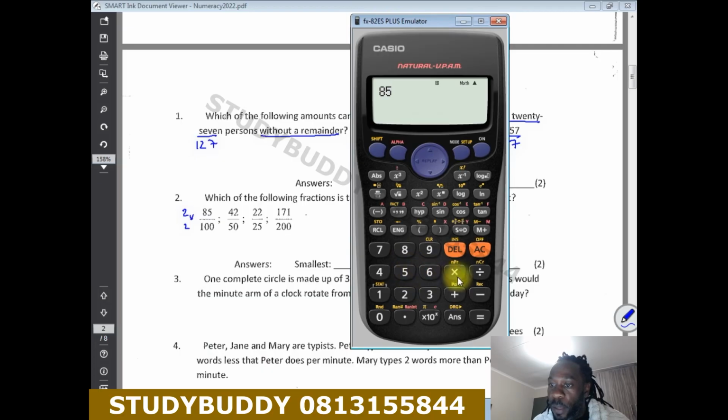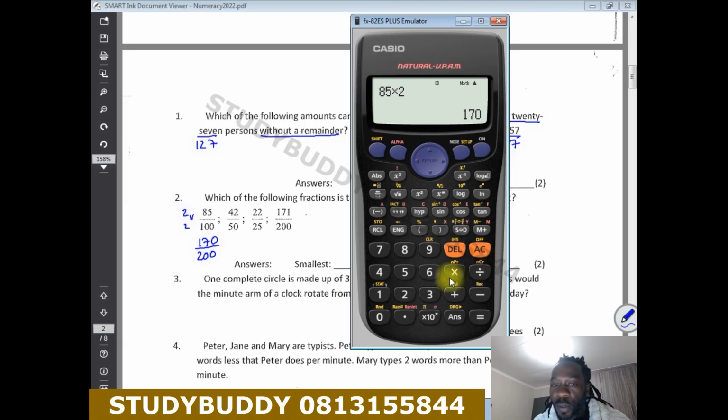So for 85 over 100, we multiply by 2. The calculator will not always give us a common denominator, so you have to do it one by one. 85 times 2 gives 170, and obviously 100 times 2 is 200.